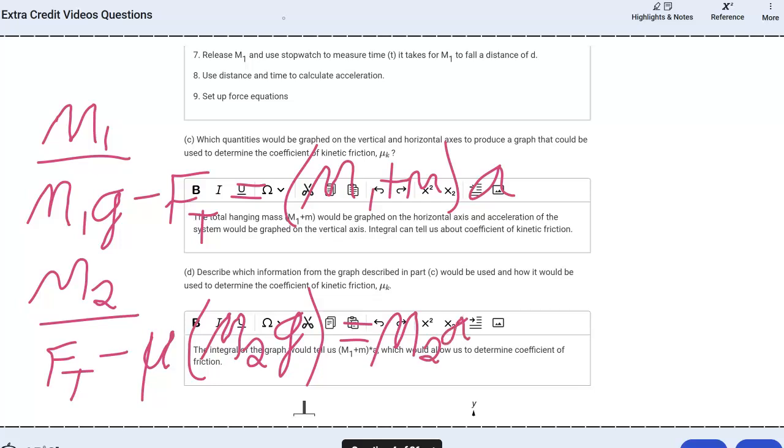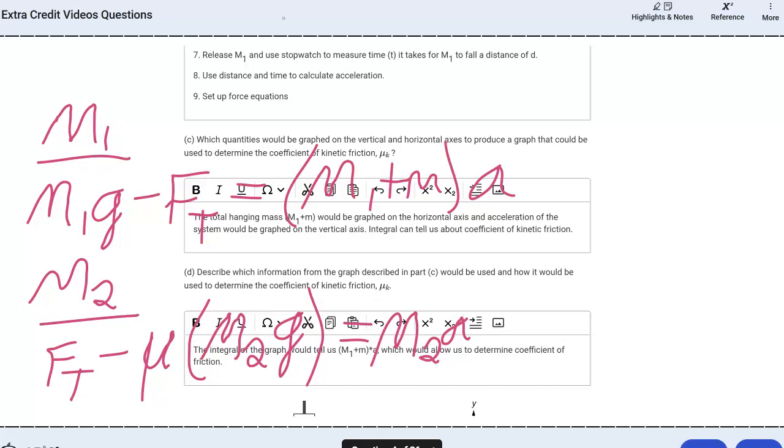Okay, so now we can solve for tension force and then substitute tension back into the equation.